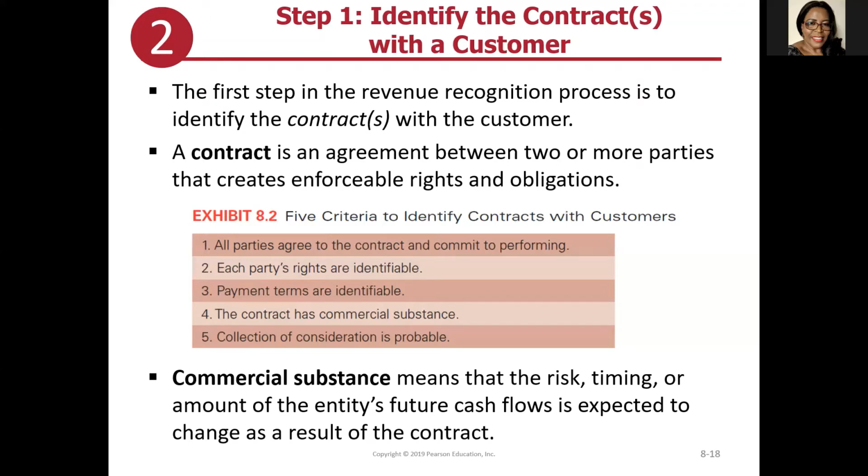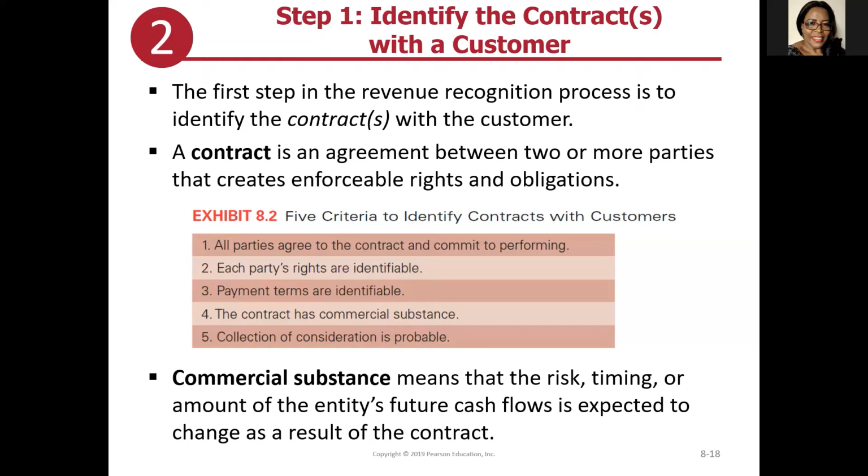For the purposes of the 5th criterion, GAAP defines probable as likely to occur. The seller assesses collectability on the expected consideration, not the contract price.